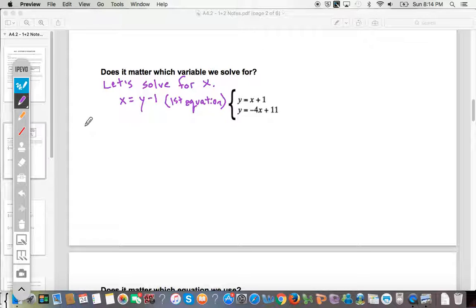Now I will plug this expression into our second equation.